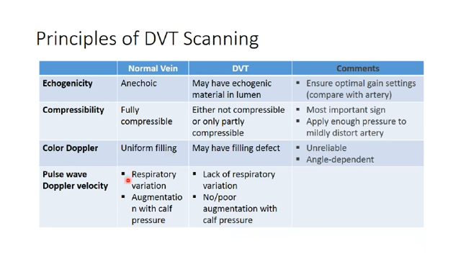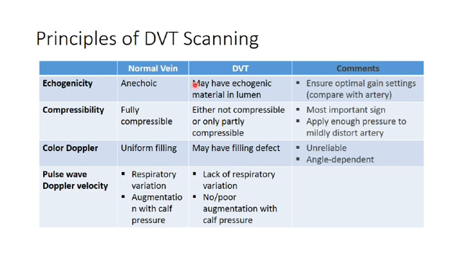Similarly, if the veins distal to the probe location are patent, then you will have an increase of velocity and an augmentation of flow velocity when you apply pressure on the patient's calf with your hand. So if you press on the patient's calf lightly, immediately the flow will increase. That's the characteristic of a normal vein: anechoic, fully compressible, uniform filling, and you'll have phasic variation of respiration and augmentation.